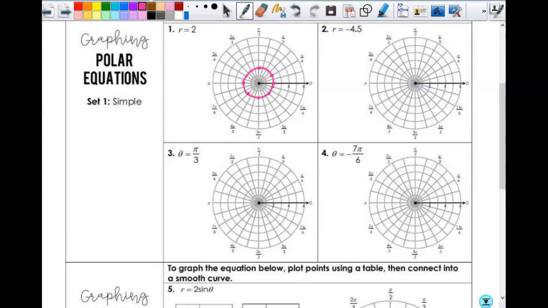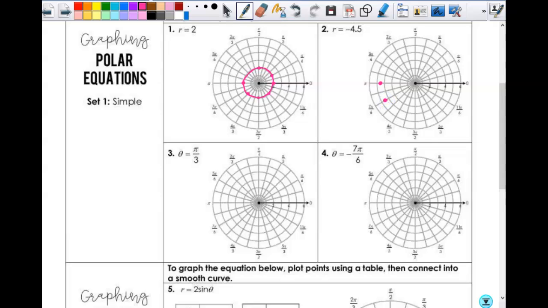So now let's look at number 2. r equals negative 4.5. So when theta is pi sixths, here's 4.5, so negative 4.5 is over here. And what do you think this is going to graph?